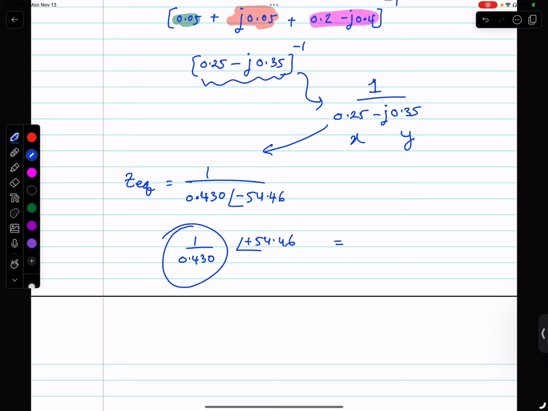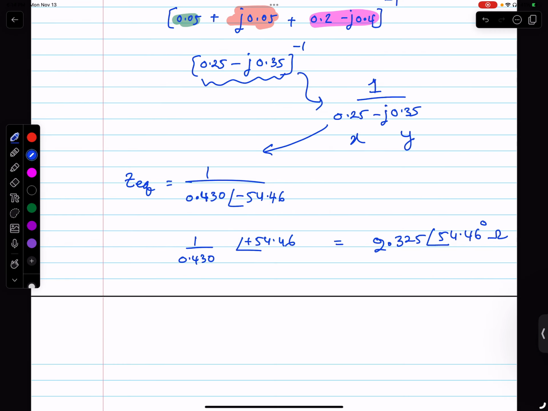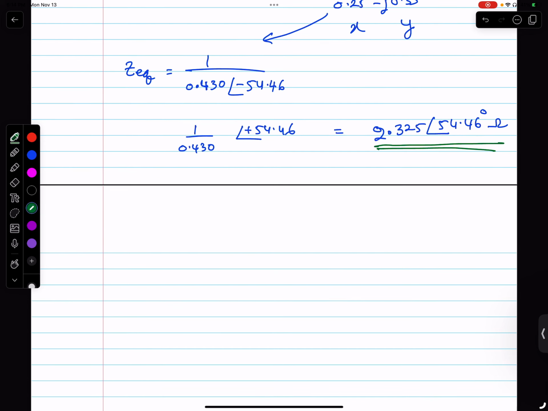So this turns out to be 2.325 angle 54.46 ohms. What does this number represent? This number represents the total impedance.